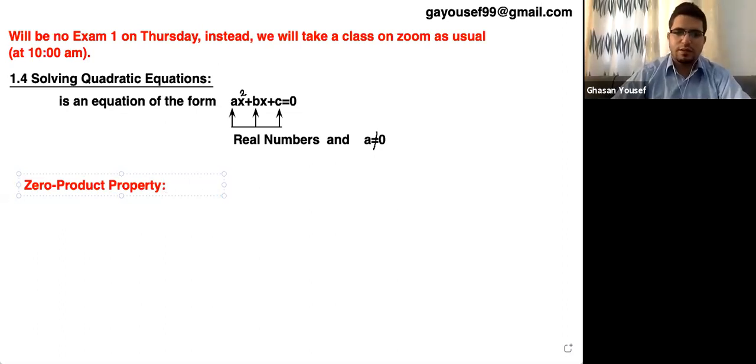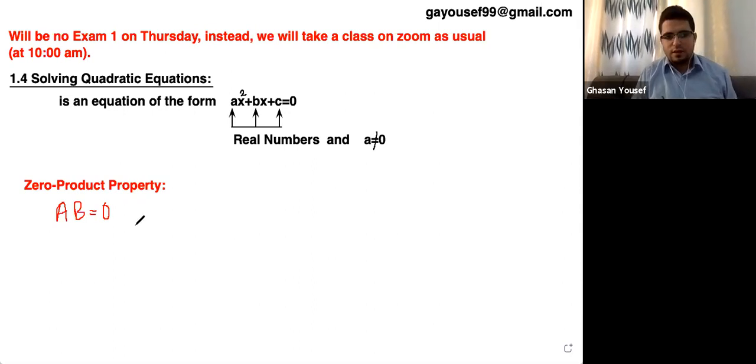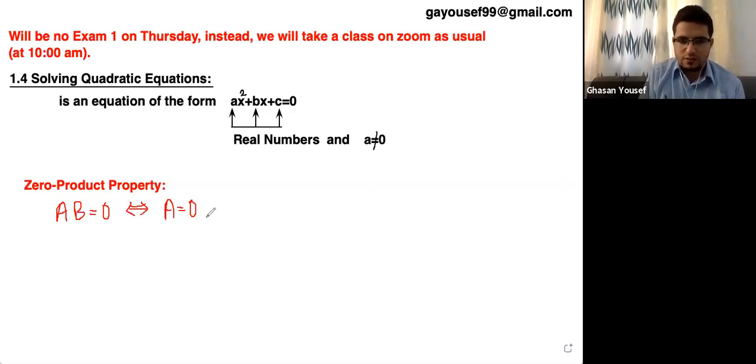The zero product property says if I have A times B equals 0, this implies, or if and only if, A equals 0 or B equals 0.